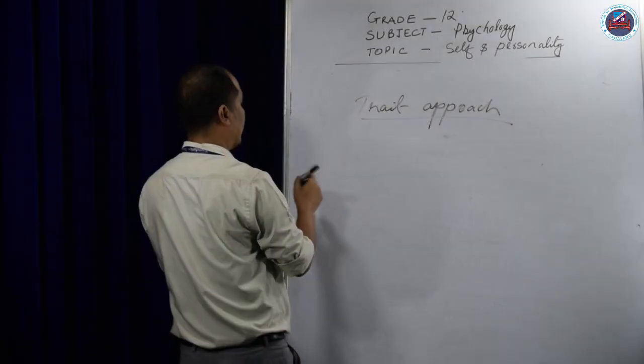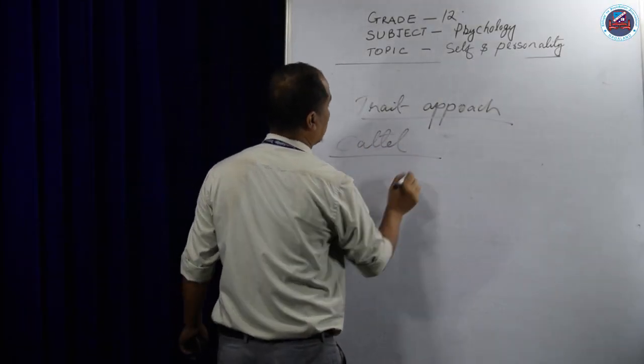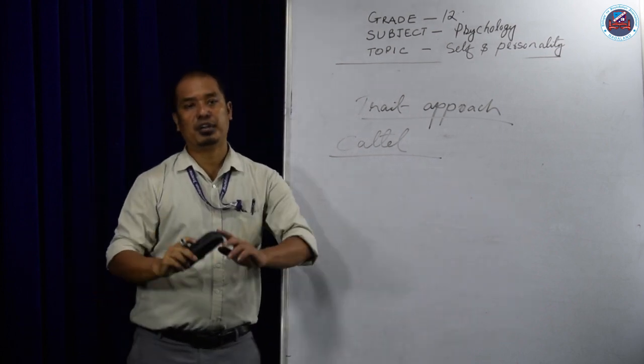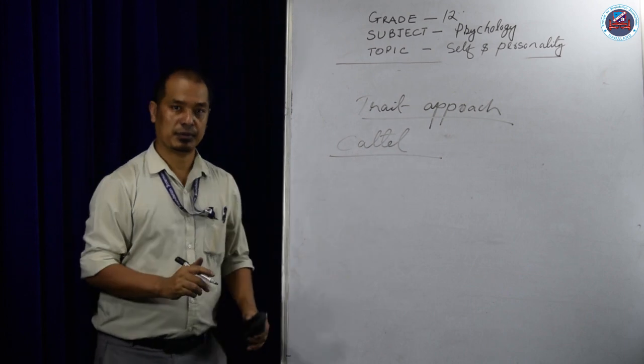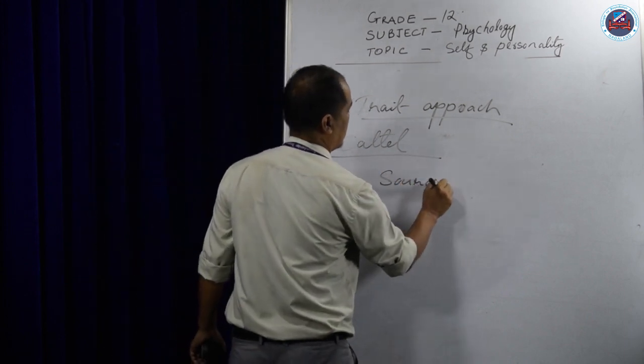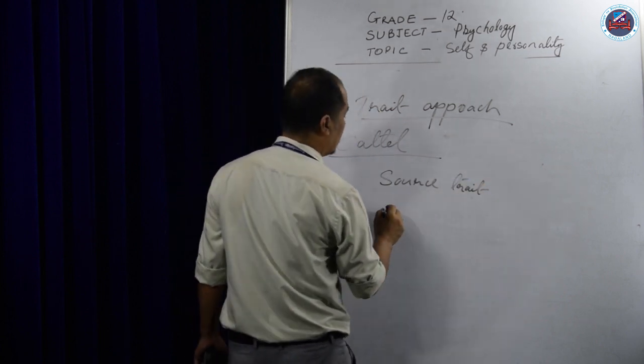The next one is called Cattell. Raymond Cattell says, according to him, there are two types of traits. One is called source trait and the other one is called surface trait.